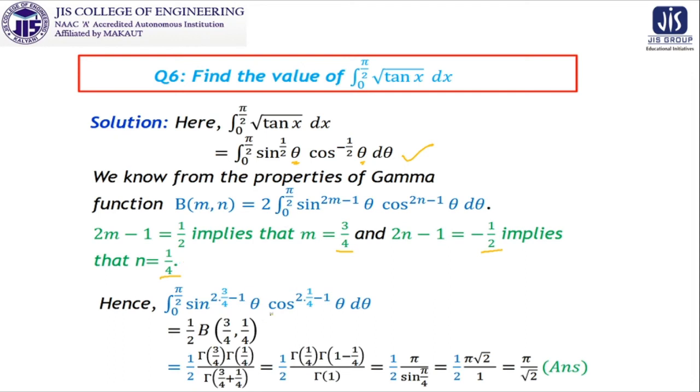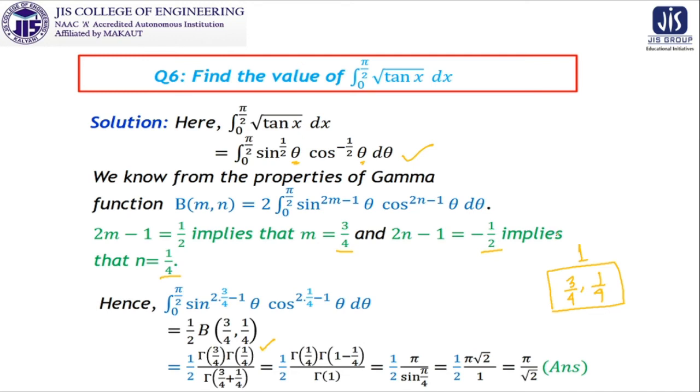Look at this. Beta 3 by 4 comma 1 by 4 can be written, according to the formula of beta function and gamma function, as gamma 3 by 4 gamma 1 by 4 upon gamma of the sum. But this 3 by 4 and 1 by 4 give us the clue that their addition is 1.